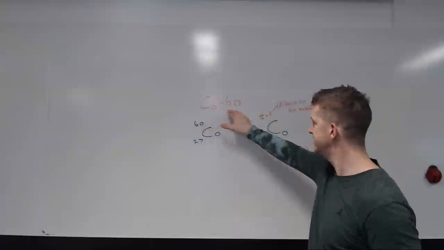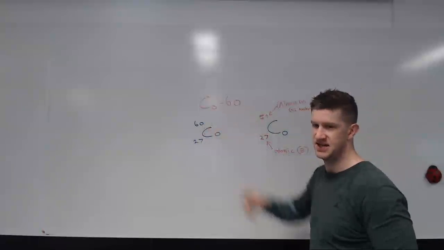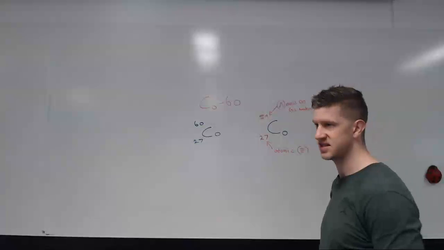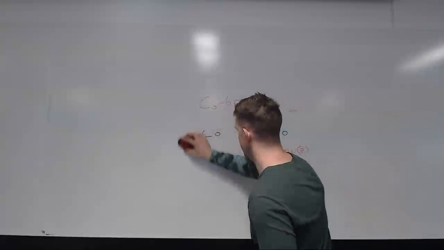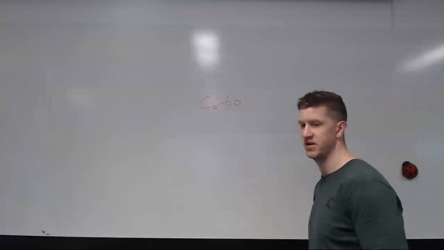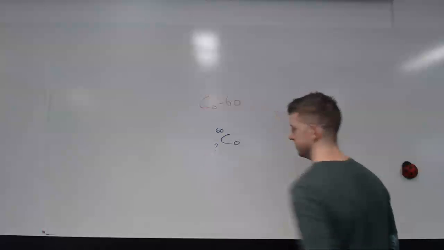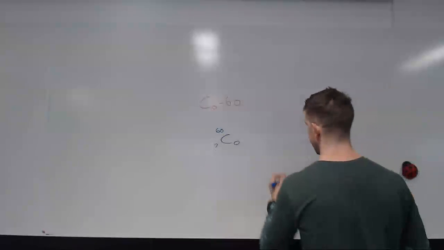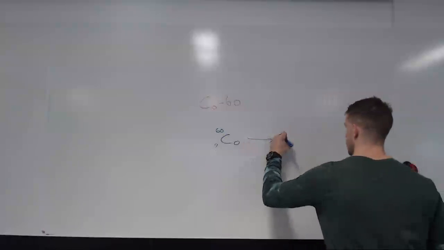So this is the notation we use for writing an isotope. I'll write what it normally is, and I've signified that something is different. In this case, it's 60, meaning it has a 60 atomic mass, 60 protons plus neutrons. If I was to work the other way around, and I gave you this, and said, how many protons, how many neutrons does cobalt-60 have? You need to work backwards. So firstly you say, okay, cobalt-60 means it's cobalt, this is 60, I don't know what this is yet. I can go to a periodic table and look at cobalt and find it and be like, okay, there it is.